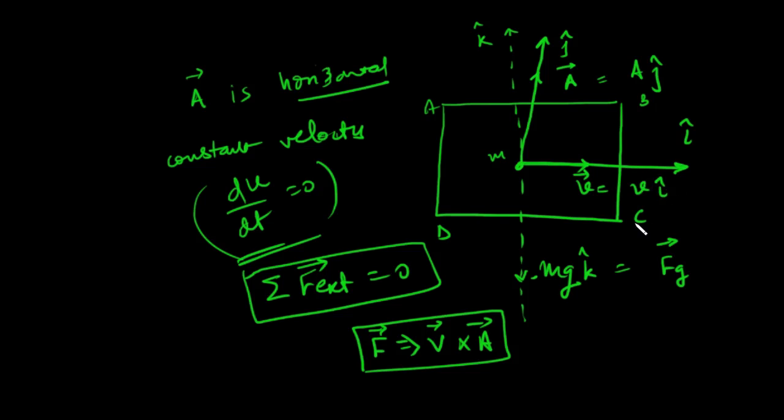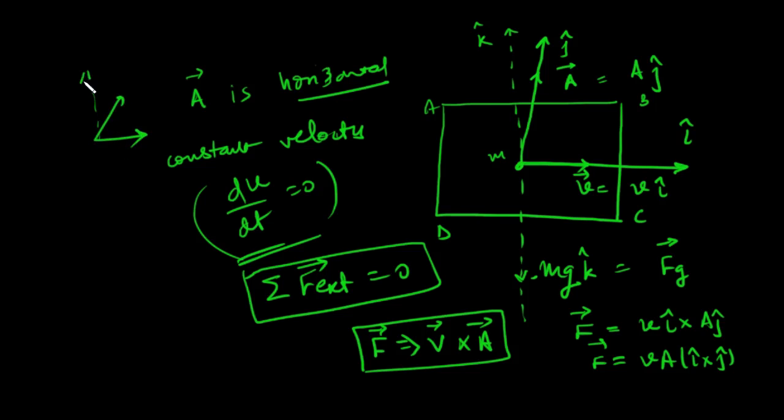So what will be the force now? F was v cross A, right? So this would be v i cross a j. This would be va (i cross j), and this is F. What is i cross j? According to the right hand screw rule, if this is i and this is j, i cross j is positive k.